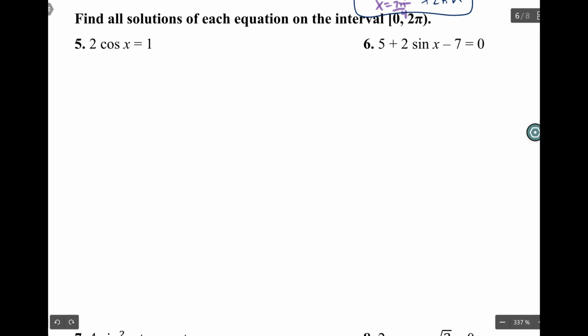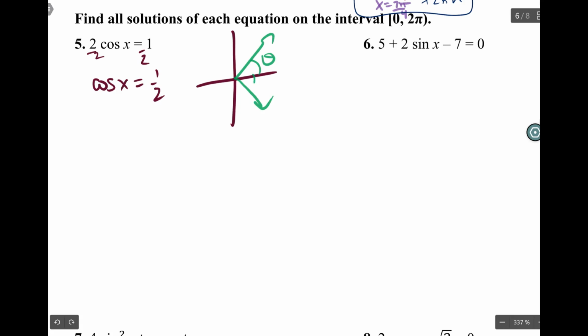To get cosine by itself, divide by 2 on both sides. Where is cosine of x equal to 1/2? So cosine would be half up here and down here. Here's the angle, don't forget, so the adjacent is 1/2, the hypotenuse is 1. This is a 30 degree, so wait, this must be 60 degrees.